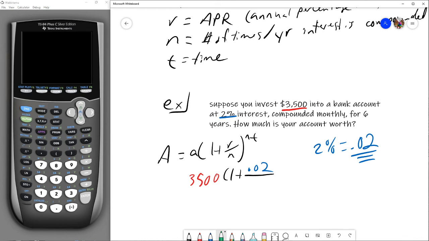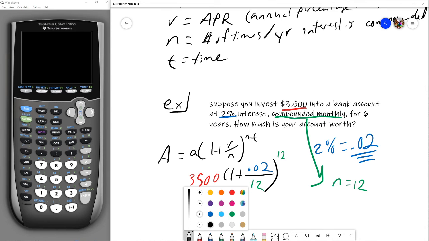Alright, so we're told this is compounded monthly. So what this means is that every month interest is calculated, and since we want to figure out how many times a year that is, well, there's 12 months in a year, so that means n must equal 12. So there's a 12 there. Let's close our parentheses, put a 12 here, and we're told this has to go in.